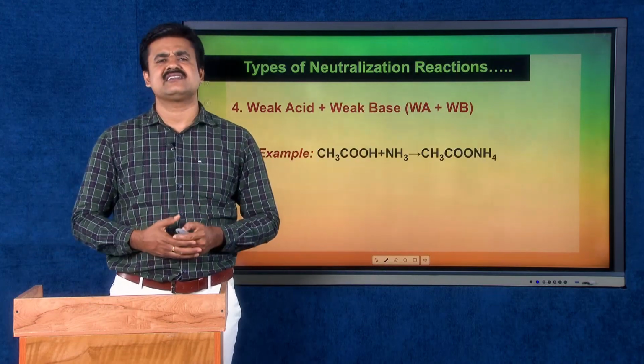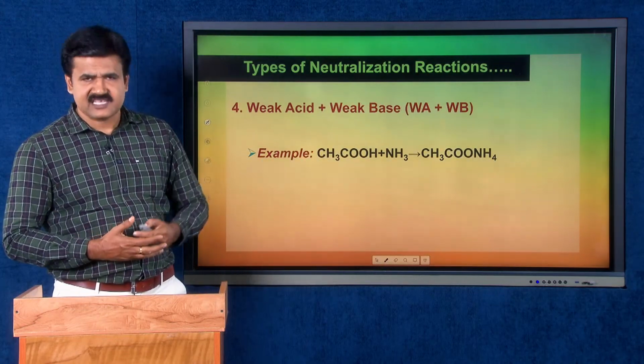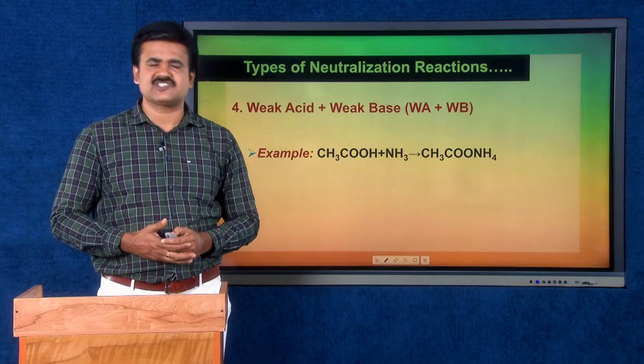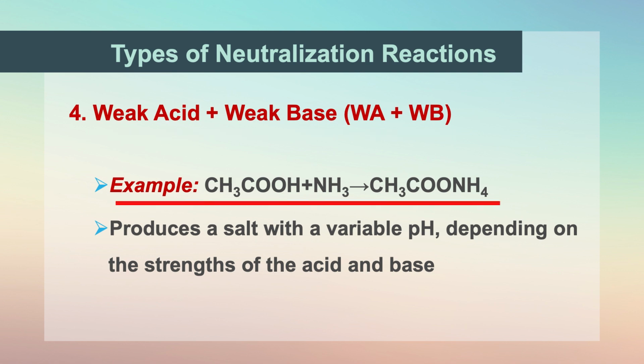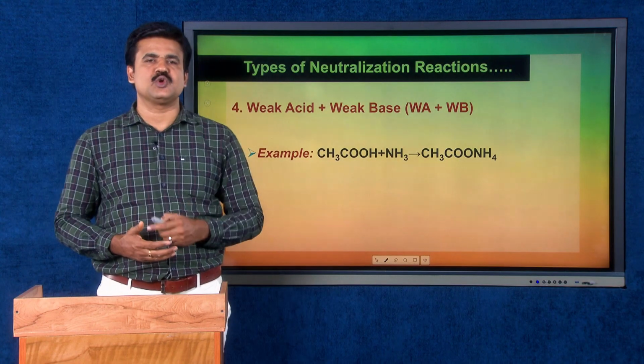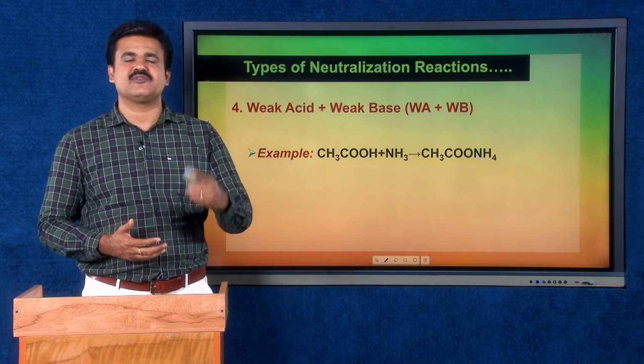And the last category of neutralization titration is here. It is the neutralization reaction between weak acid and weak base, that is WA plus WB. The typical example for such a reaction is CH3COOH plus NH3 to get CH3COONH4. Here also you will get water if you are taking NH4OH instead of ammonia.